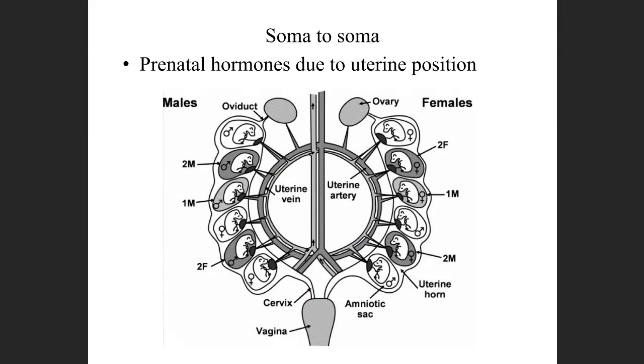So another somewhat heritable environmental effect actually is the uterine environment in mammals. This was studied by Betty McGuire and a bunch of other folks.